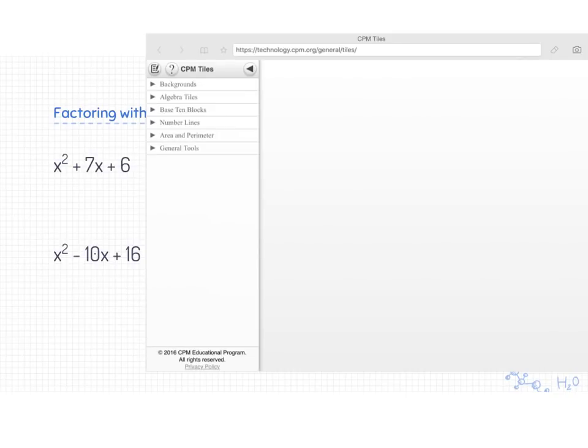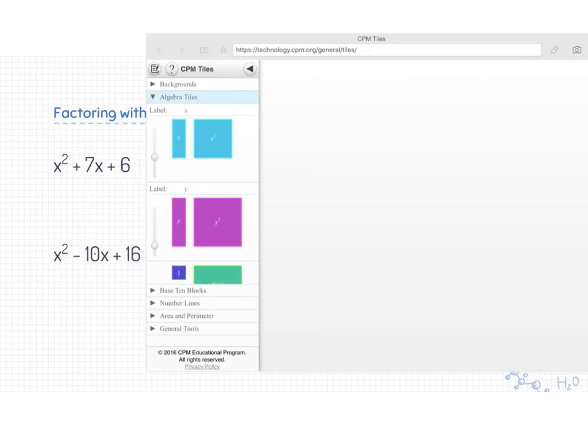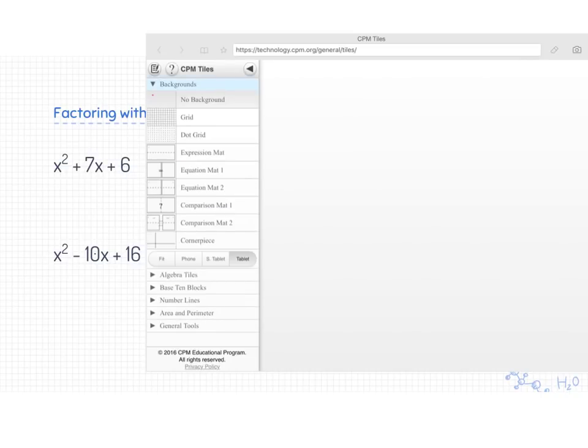Alright, so looking at this, a little bit of review from what we've done. We're just looking at factoring, adding in this new concept of going back and looking at it in terms of tiles as well. And so let me get our background up here as close as we can.